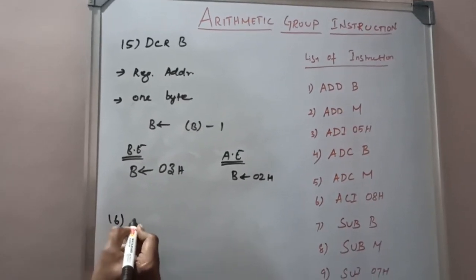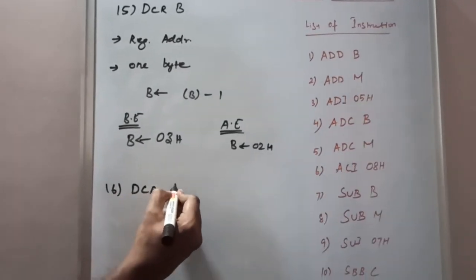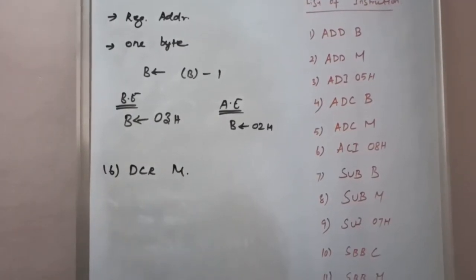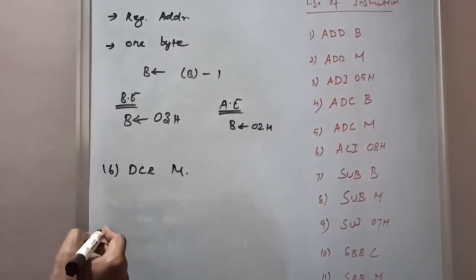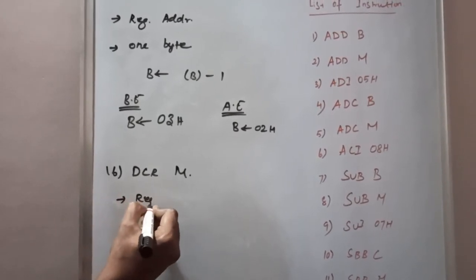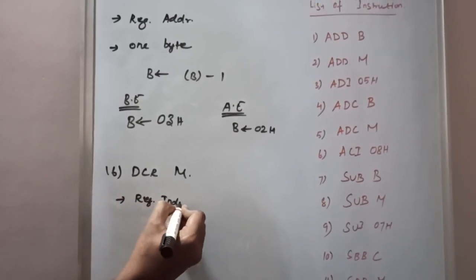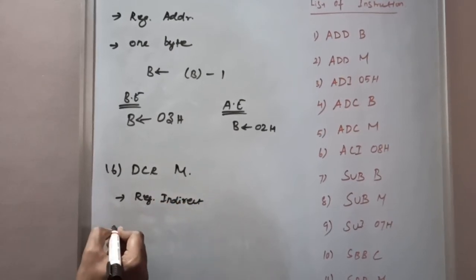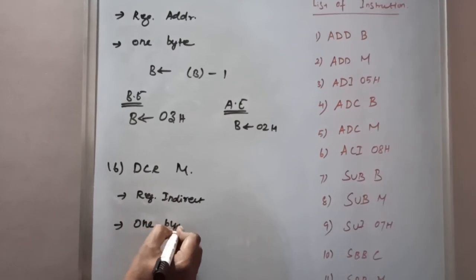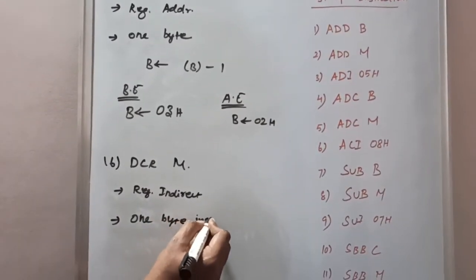Next one, DCR M. Whatever content is present in the HL pair register, that content is decremented by 1. Type of addressing mode: register indirect, and 1 byte instruction.